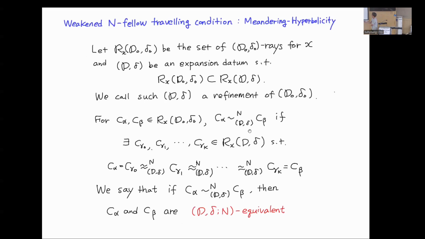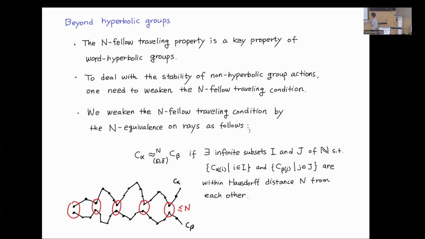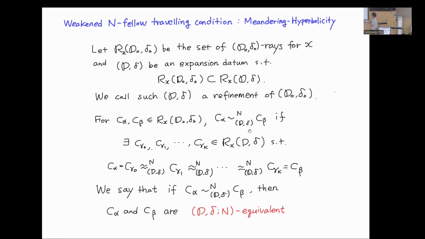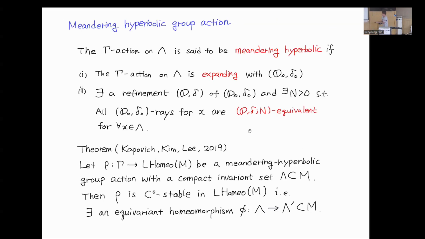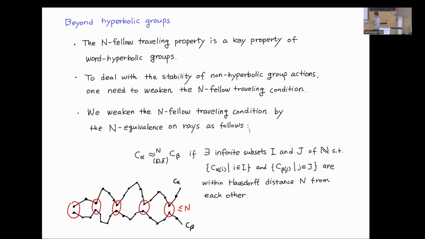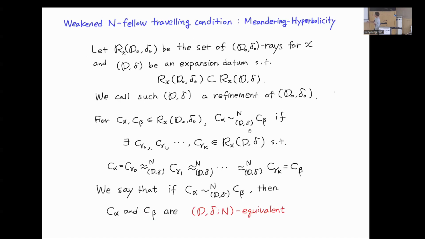And also, using this weakened condition, we define a weakened Morse-Ferrero-Cherubin condition, so-called meandering hyperbolicity, because this picture looks like a meandering path. If you have two rays, we define an N equivalence if there exist some interpolating rays with respect to some refinement of the expansion data.